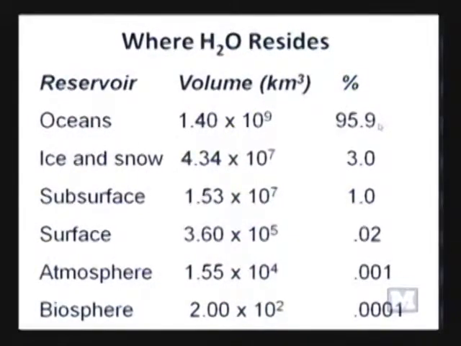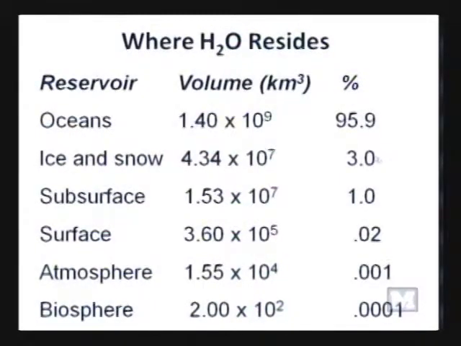And as we know, the oceans are salty, and so the fresh water of the Earth is everything that is in the list below the oceans, and it's a small fraction. It's just a little over 4% of all the water on the Earth. Now, of that 4%, ice and snow make up 3%, or 3/4 of the total.